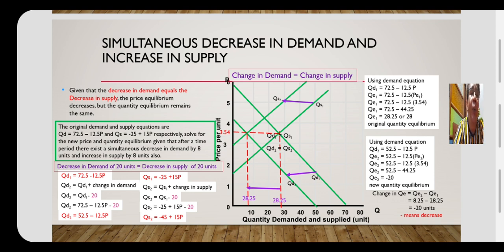The new equilibrium point is supposed to be the point of intersection between the new supply equation and the new demand equation.